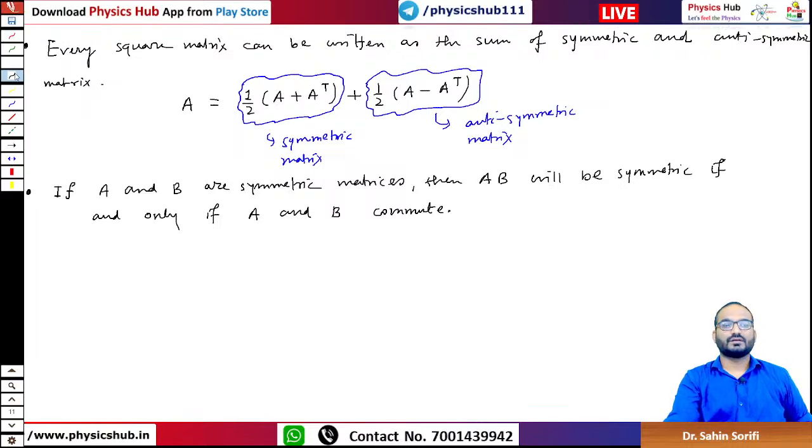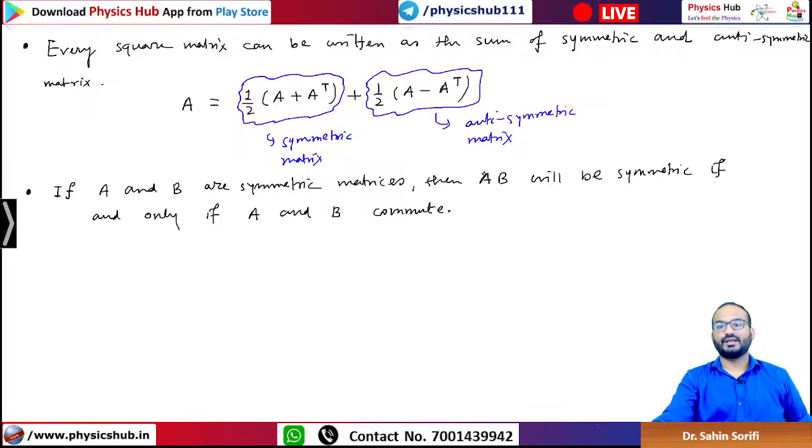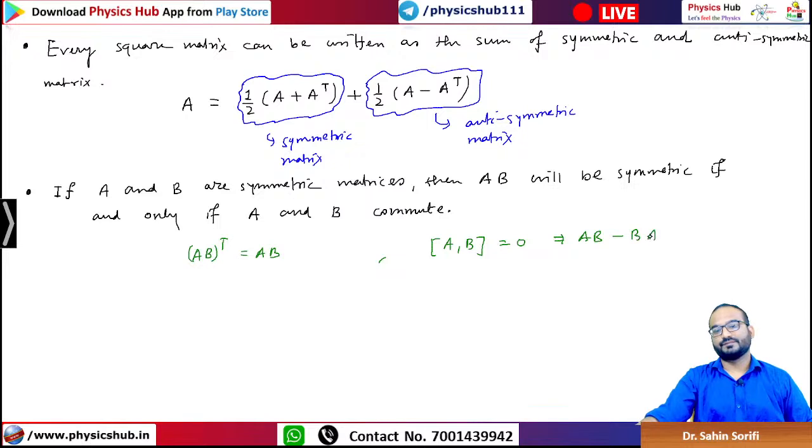You can do a little bit of calculation. AB will be symmetric means AB transpose should be equal to AB. At what condition? If A and B commute. A and B commute means AB minus BA equals 0, so AB equals BA.